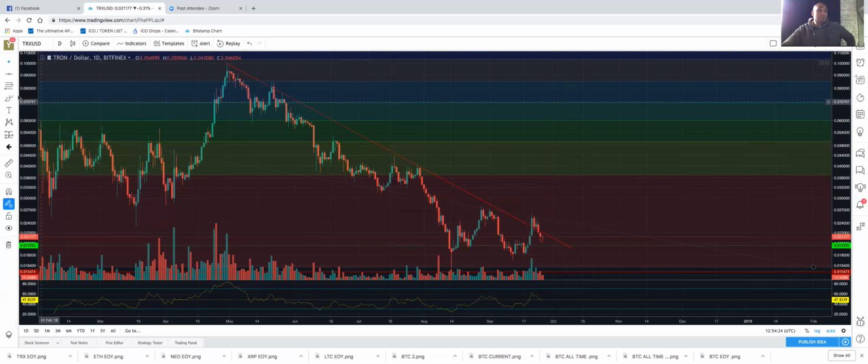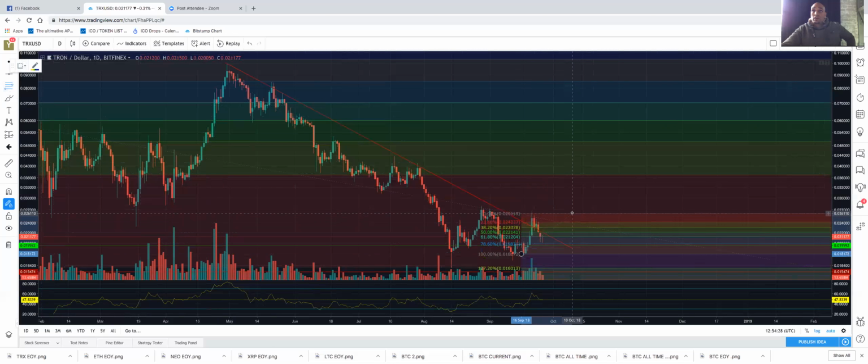And that's it. But I want to just plot the Fibonacci for you as well, so you can have that understanding. Here we go. Have a look at how strong that 78.6 level is. Most of the coins will touch on that 78.6 and then retract. Again, we're seeing a bearish candle being built, because the body of the candle closed well above the opening of the candle, making it almost look like a cross.